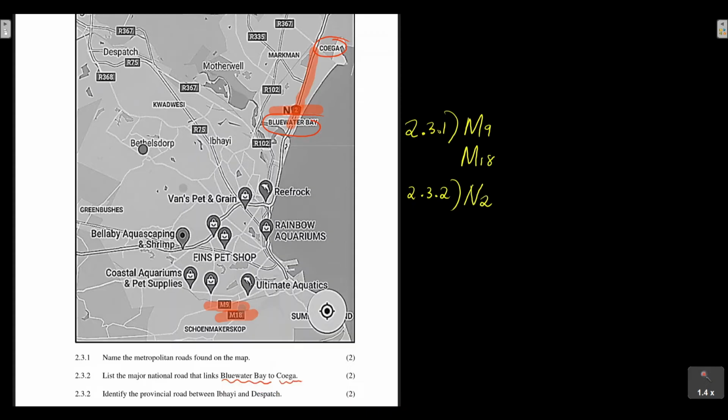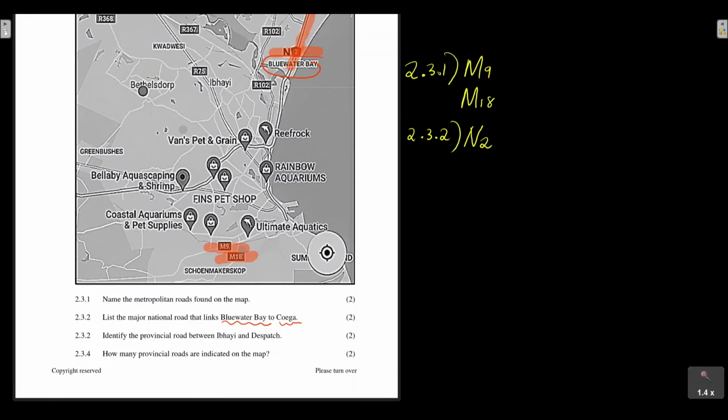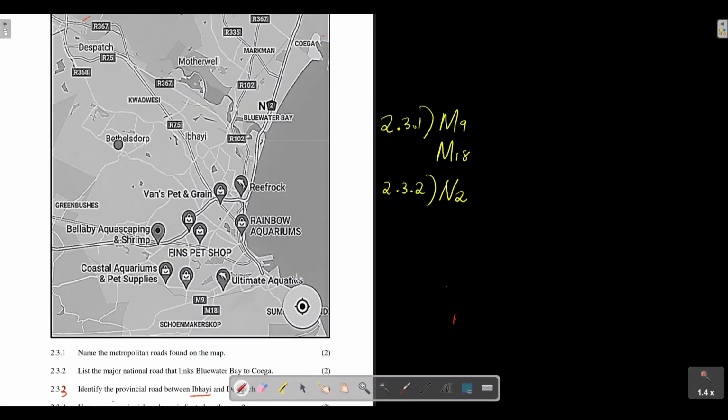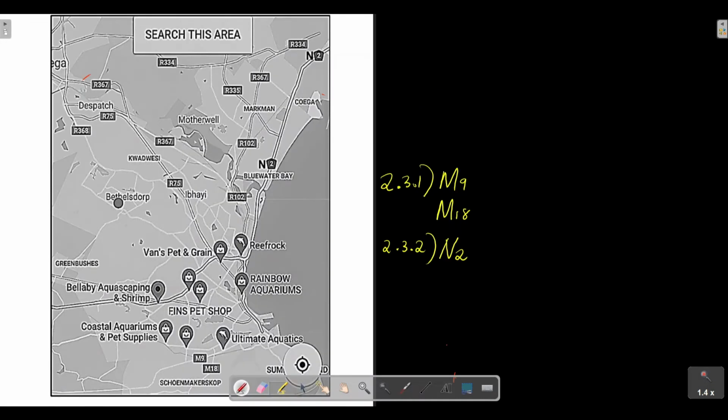All right. Okay, they made a mistake there. It says identify the provincial road between Ipai and Dispatch. So we need to find where Ipai and Dispatch are on the map, and find the road that is between them. If you have a look at our map here, that is Ipai, and that is Dispatch.